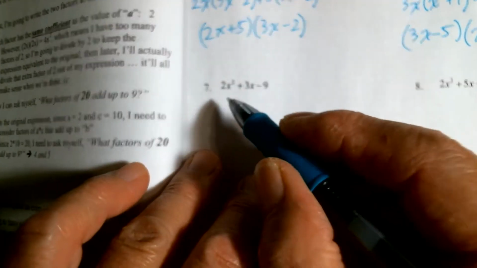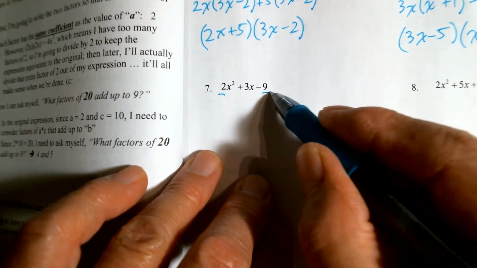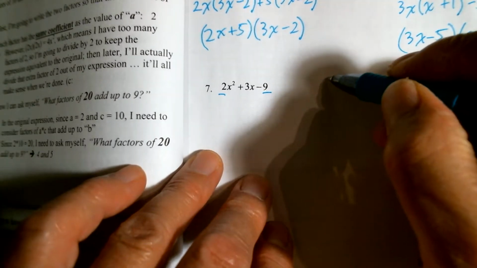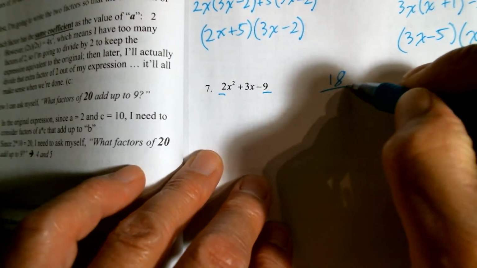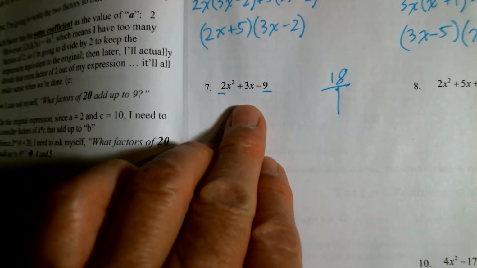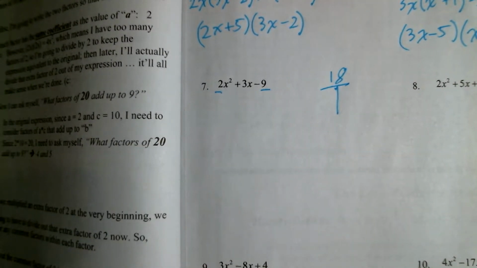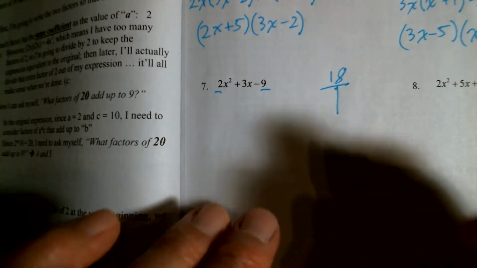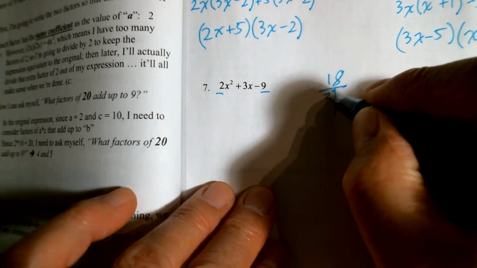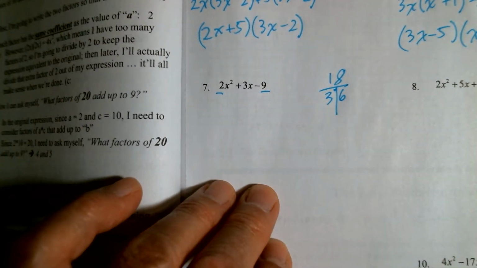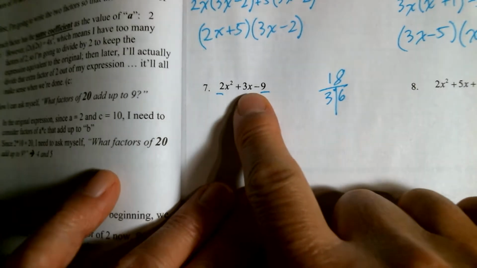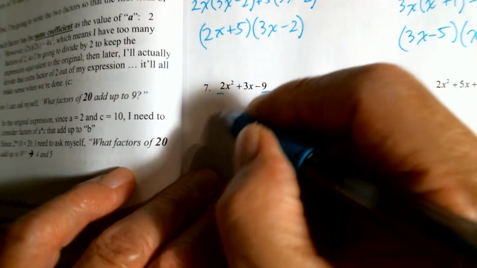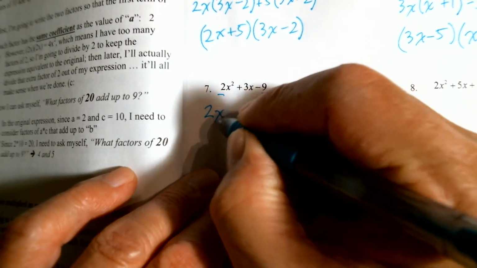Okay, so here we have a 2 and 9 that gives us 18. What factors of 18 can we use to get 3? How about 3 and 6? Okay. The bigger number is going to be positive. So let's bring down the 2x squared.